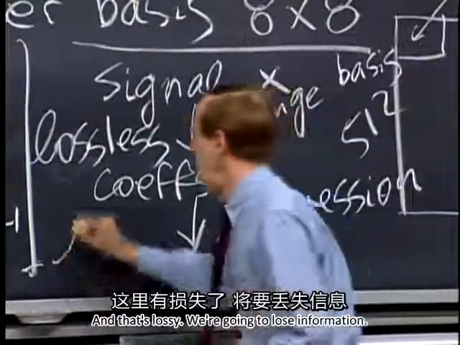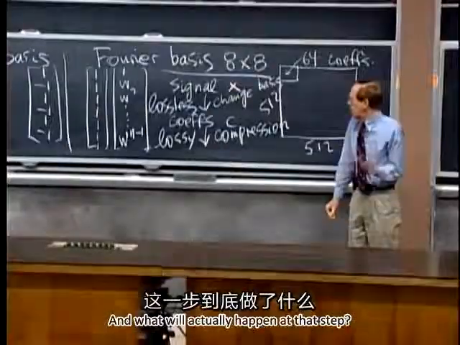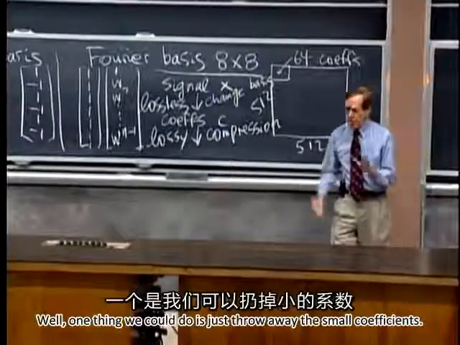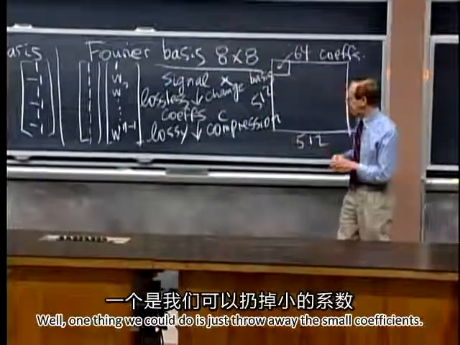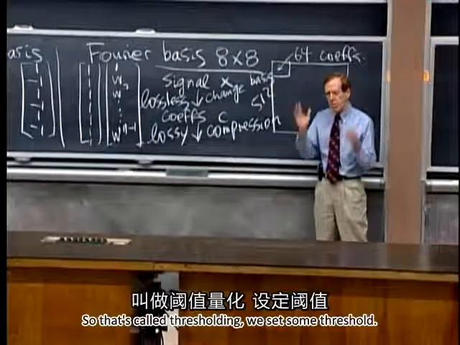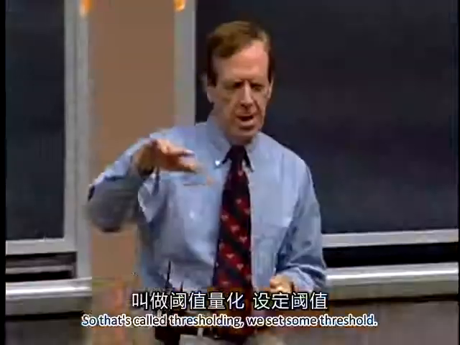And that's lossy. We're going to lose information. And what will actually happen at that step? Well, one thing we could do is just throw away the small coefficients. That's called thresholding. We set some threshold.